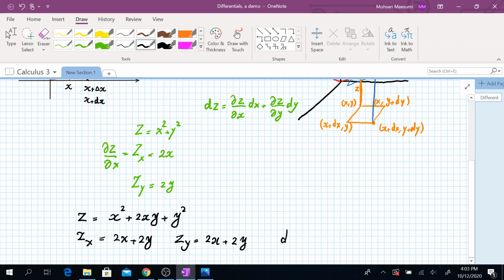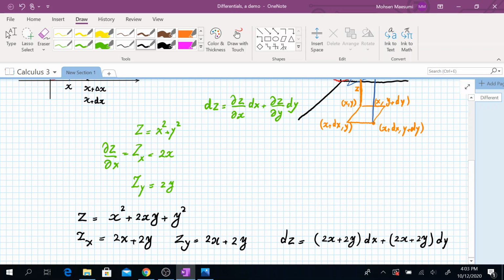So our dz in this particular case takes on a very simple look. It's z sub x, which is 2x plus 2y, times dx. And then, accidentally in this case, these two became the same, and I have that times dy.